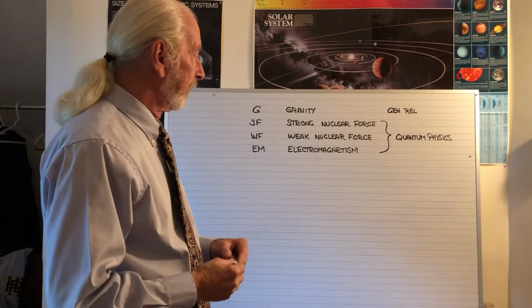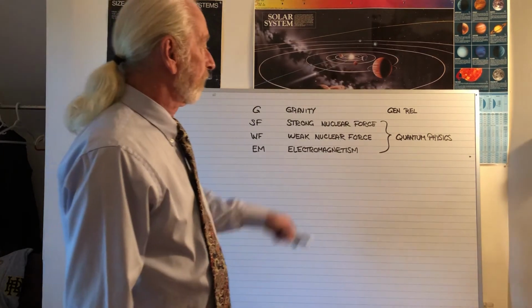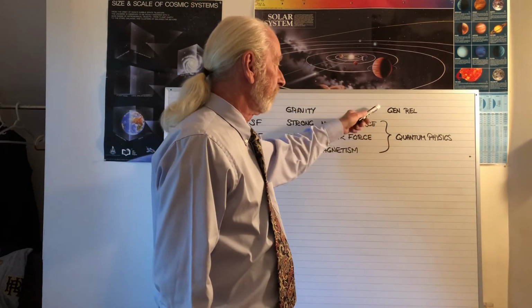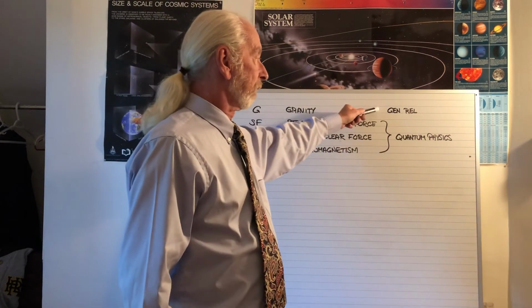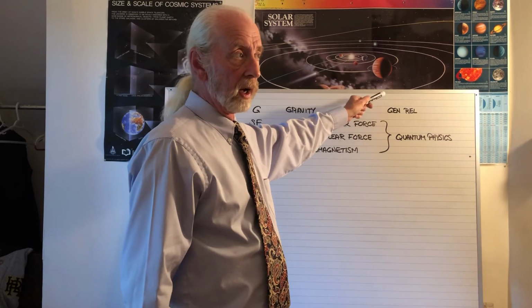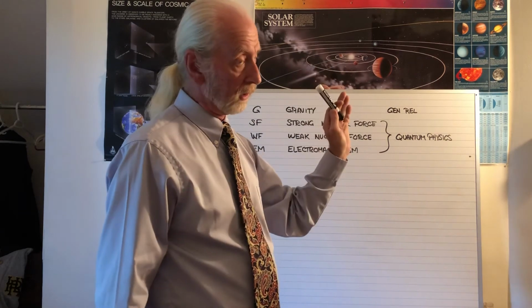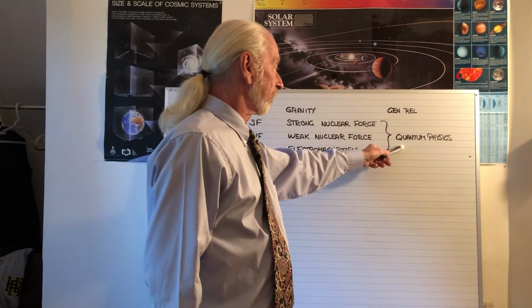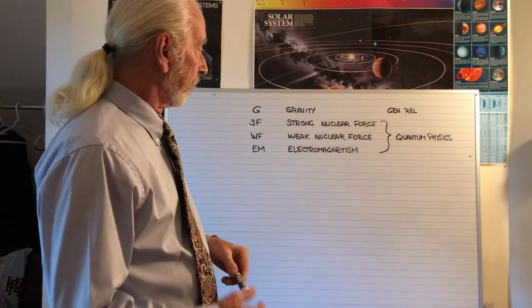And the 800-pound gorilla in the room is the fact that we cannot reconcile these two different theories, even though individually these theories work out beautifully. General relativity is to date the greatest, most effective, most comprehensive description of how gravity works that we have thus far. And quantum physics describes these three forces also beautifully.